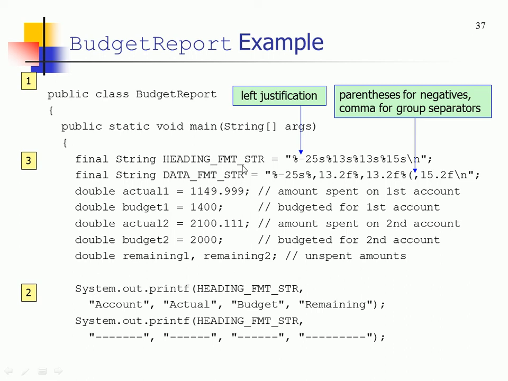So the heading format is going to say left justified for 25 spaces, and it's going to put the word account there. Then 13 spaces for actual. Then 15 spaces, wait, did I miss one? Yeah, 13 spaces for budget, then 15 spaces for remaining. Okay? And you can play with this. You do not have an assignment in this, I don't think.